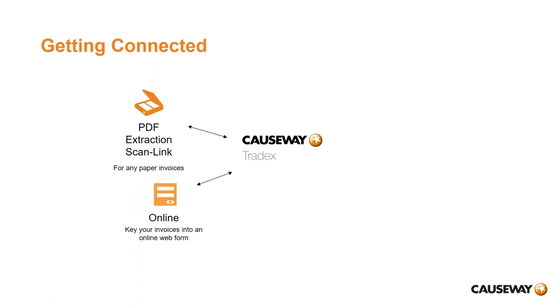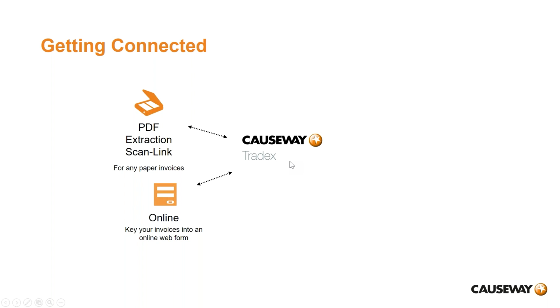A common question we get asked is, does it cost? So what we provide at the moment is a free option for people to key in information online. So if, for example, you want to roll it out and get all of your suppliers to send you invoices, and part of the barrier to that is, well, I'm not going to pay, I only send you one a month. Well, then you have the ability to say, okay, that's absolutely fine.